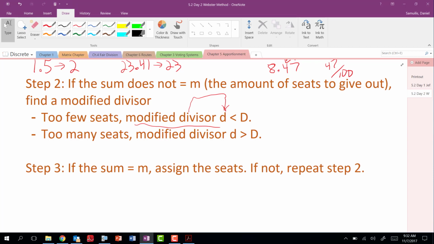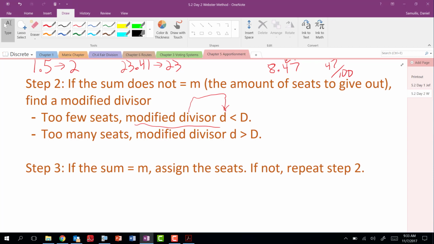If I have given out too few seats, if we're talking about the House of Representatives, then the modified divisor needs to be decreased because when you divide by a smaller number, the numbers become what? Larger. We got someone right on task with me right here. And if too many seats are given out in any step, you increase the divisor because when you divide by a larger number, the numbers go smaller.